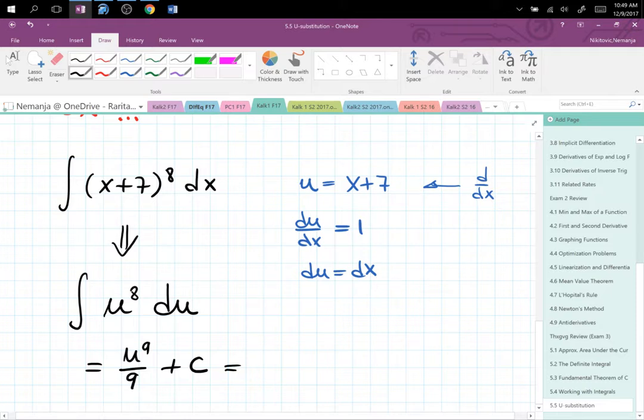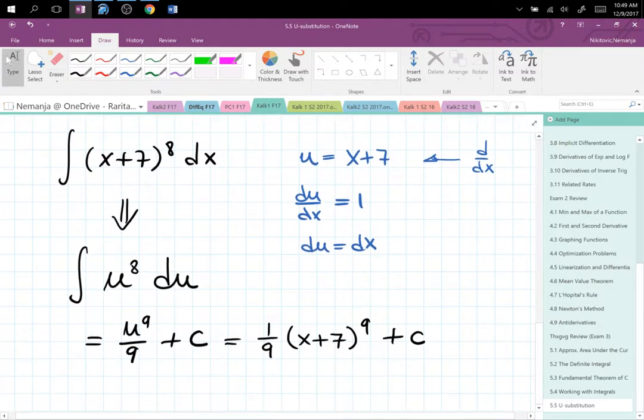I mean, it might be applicable, but... So, I'm going to put 1/9 in front, and instead of u, I have x plus 7, which is raised to the 9th power, and I have plus c. And that will end the problem.